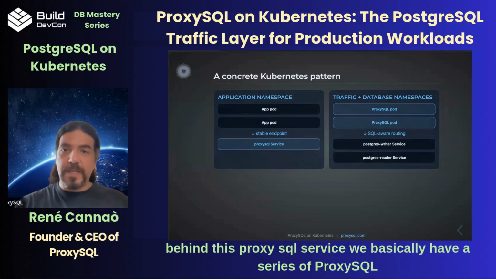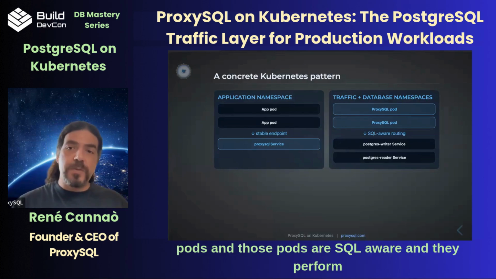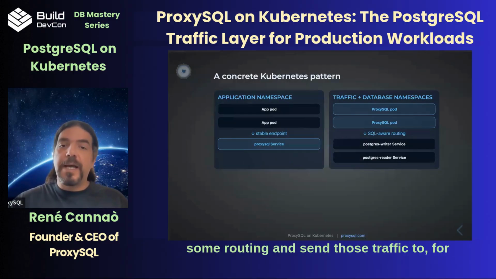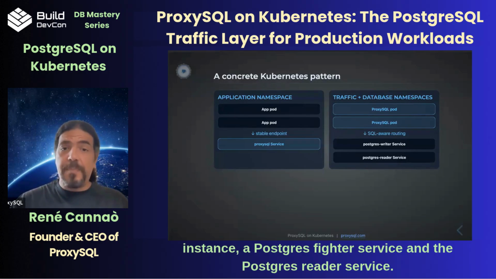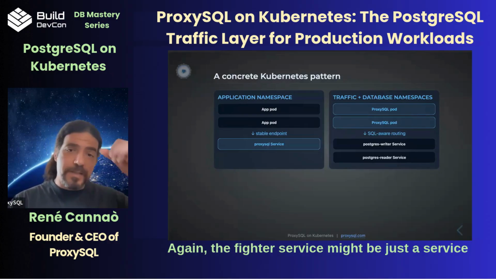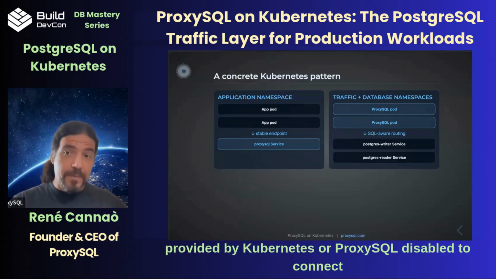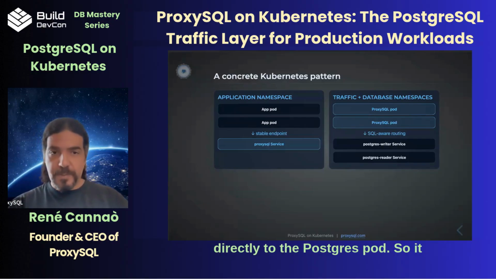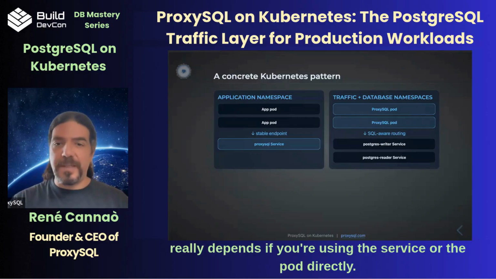Behind this ProxySQL service, we have a series of ProxySQL pods, and those pods are SQL aware, and they perform some routing and send the traffic to, for instance, a Postgres writer service and a Postgres reader service. Again, the writer service might be just a service provided by Kubernetes or ProxySQL that is able to connect directly to the Postgres pod. So it really depends on whether you're using the service or the pod directly.